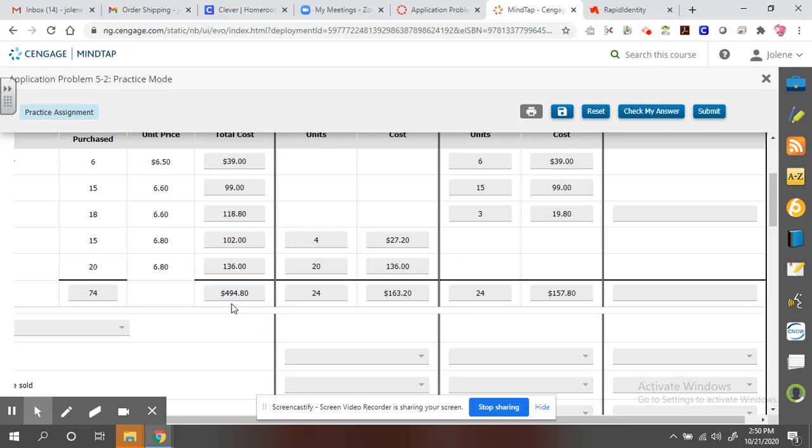And the average cost is $6.69. But to get how much my inventory is, I have to do this times 24. 6.69 times 24.